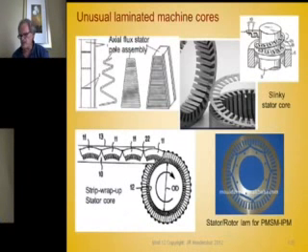Here's some other ways to make cores. This is that slinky method. You see an example of how the slinky method is made. And for axial flux machines, you can make some pretty weird parts like this. This is pretty clever. You could build an automatic machine to fold this like ribbon candy and make an axial machine.